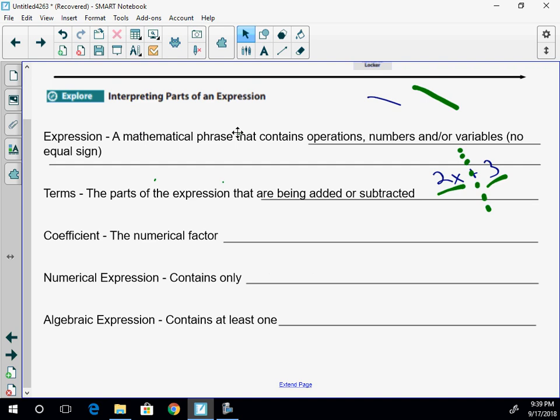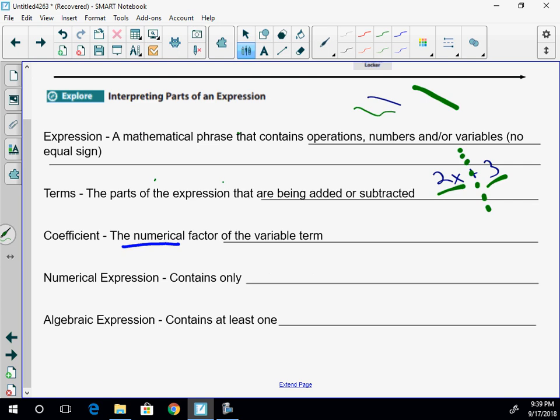Coefficient. What's a coefficient? It is the numerical factor that can be multiplied with a variable term. So let's take a step back. If I look at this example right here, I have already identified my terms as 2x and 3.